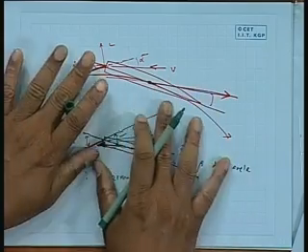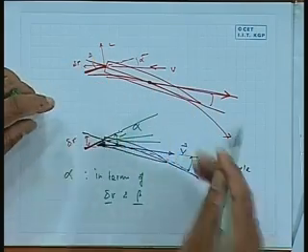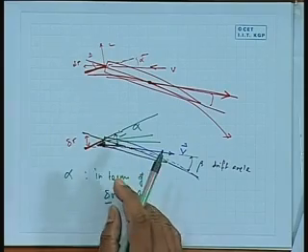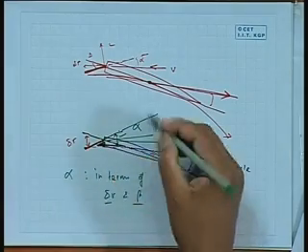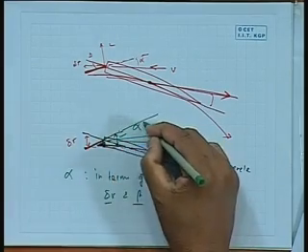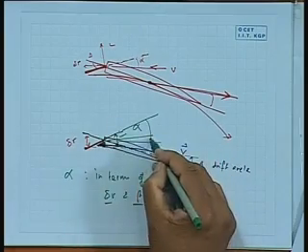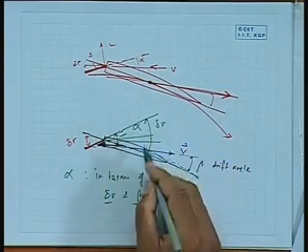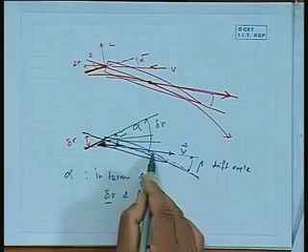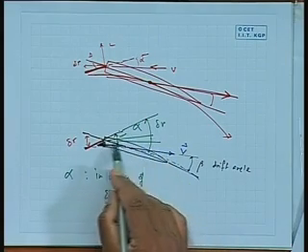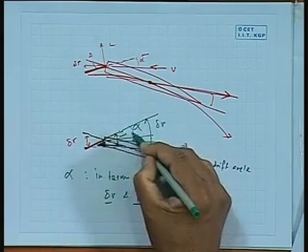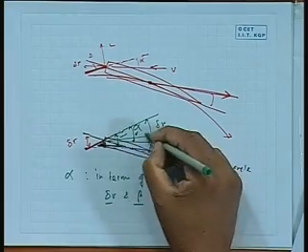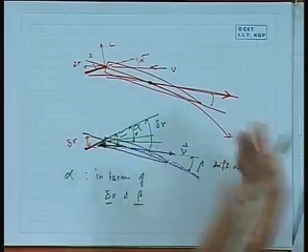Let me not get into this right now, but what I am trying to say is that you could easily find out alpha. This velocity is this side, this is my angle of attack alpha, and this probably is the other angle.